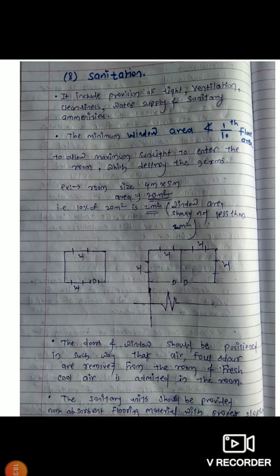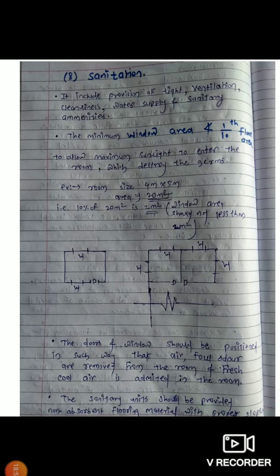On this page, I show that the first square indicates one room. I placed the window in front of the other window. It is good for the circulation of air. And again, as an example, suppose the room size is 4 meter by 5 meter, that means the area is 20 meter square.